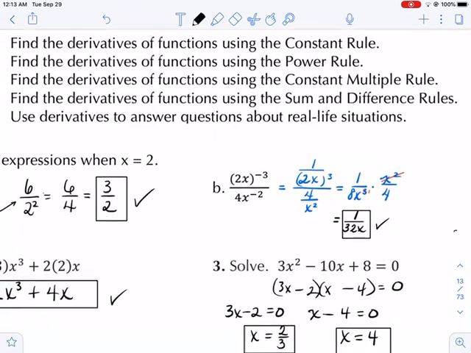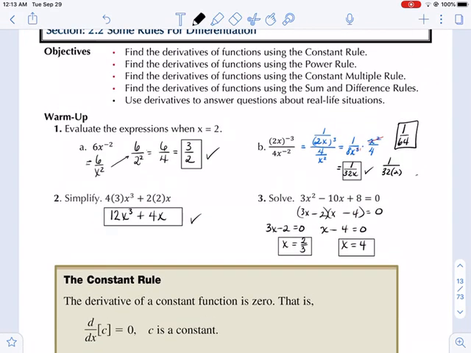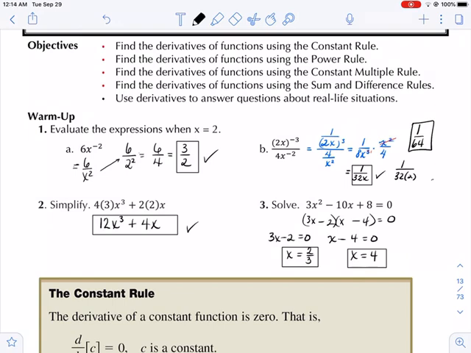We have 1 over 32x for b, so that's going to be 1 over 32 times 2, which is 1 over 64 for this one. Just going through it, you simplify the expression, so we simply complete the multiplication.